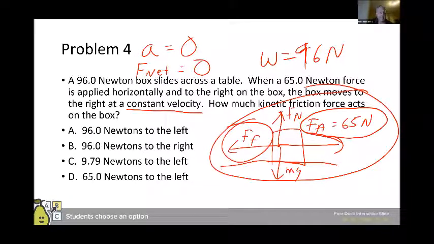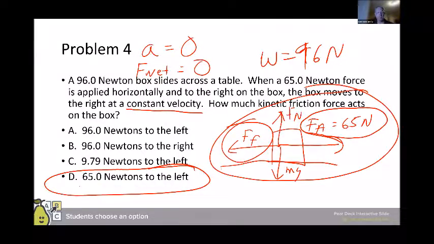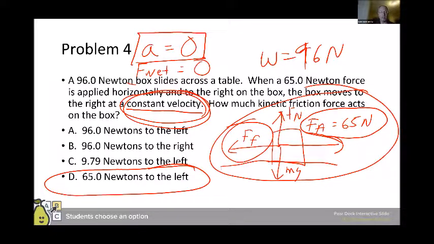So it has to be 65 newtons to the left. Or they could have written negative 65. Key part of that problem: constant velocity, zero acceleration, 0 net force. That's how you know to work that problem that way.